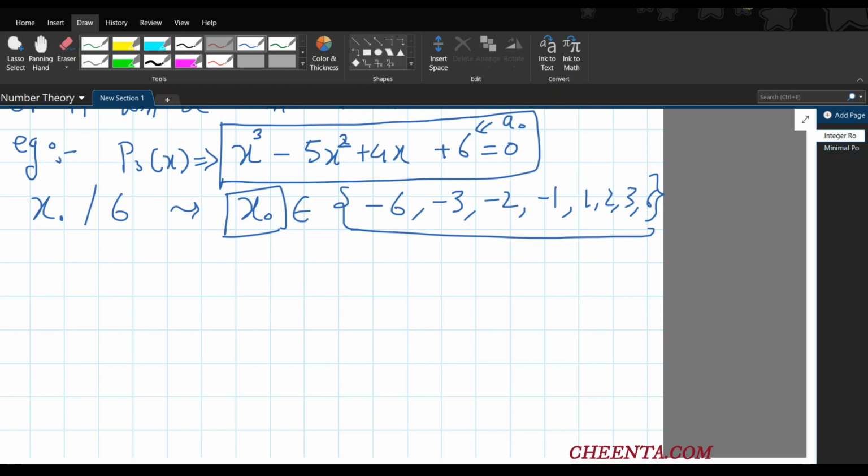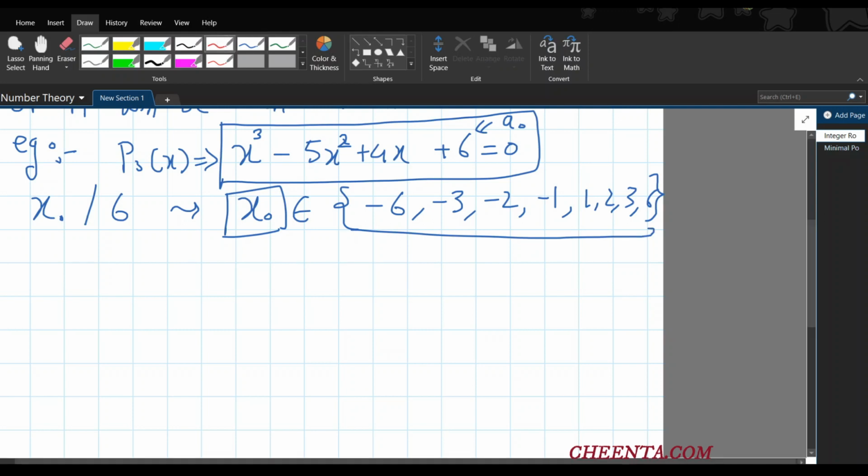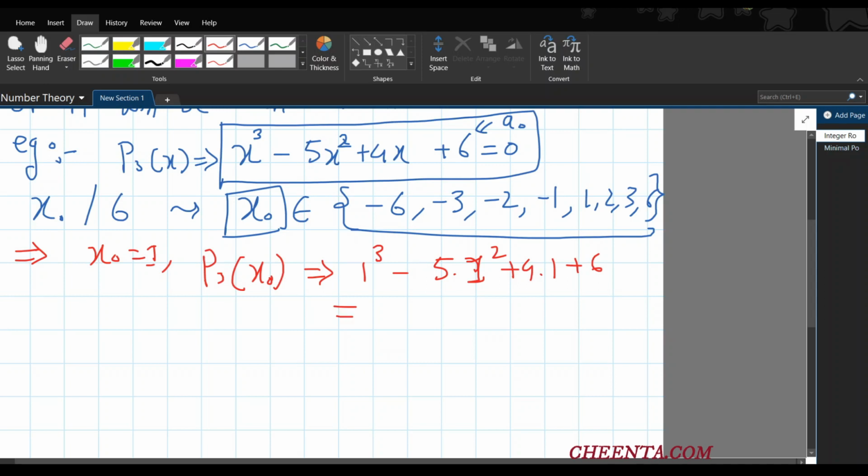Now how do you find the solution? Here it comes down to the trial and error method. We take each of these numbers. Suppose I first take x_0 equals 1, put it into this equation and find the value. In this case it will be 1 cubed minus 5 times 1 squared plus 4 times 1 plus 6, which is 10, 11 minus 5... so it is actually 6.